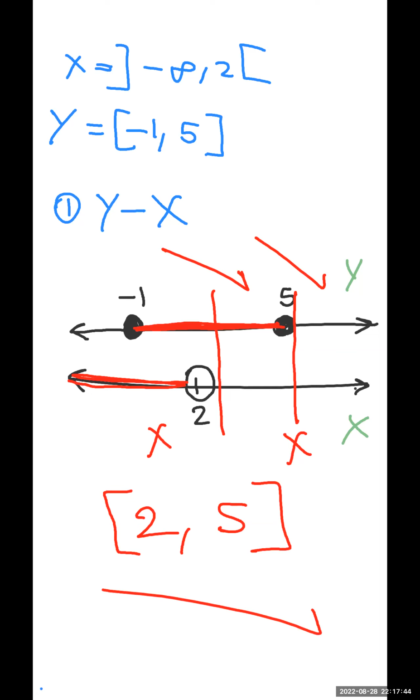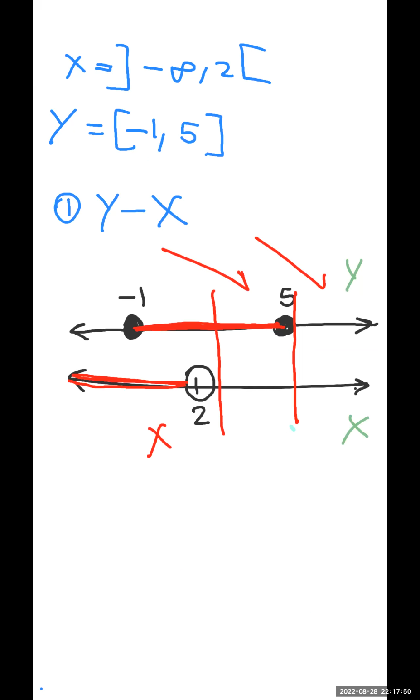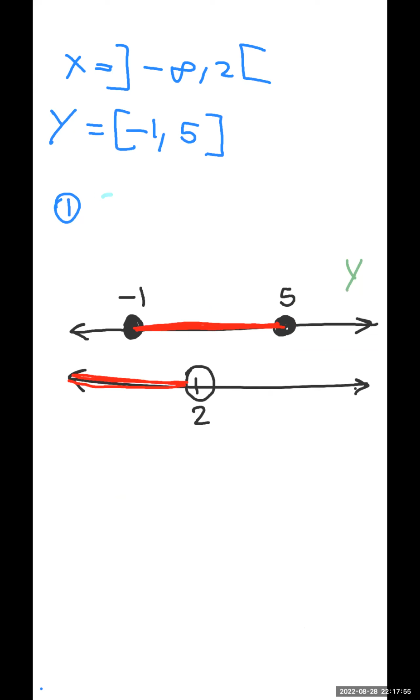I'm going to solve a question for the first time. Clear this and prepare yourself for the next question. It will be about X complement. Now, guys, the universal set, as I said, by default, is the whole numbers, I mean, the whole number line.